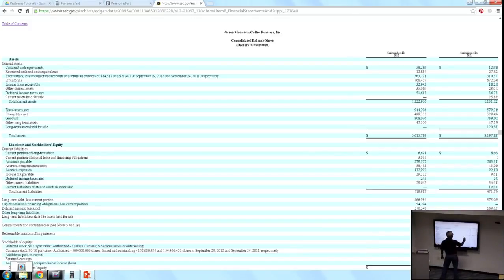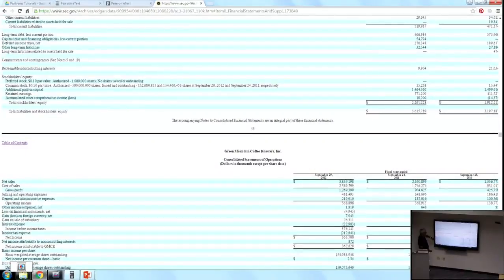We have to take the difference between two numbers. We look at fixed assets, net, 944,296, and look at the change in 2012 from 2011, and the difference between that will give us how much we added in new plant and property. That's the number we will be looking at, the change in those numbers.